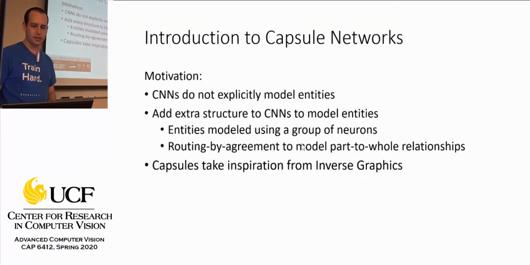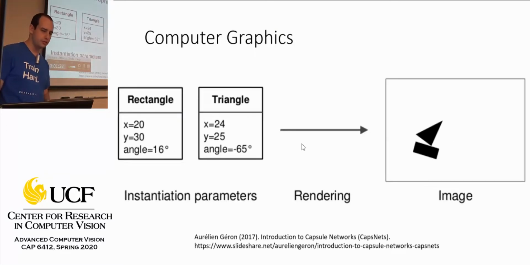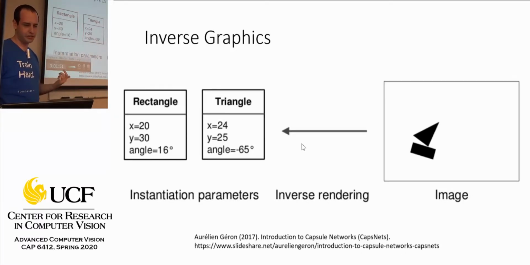So capsules take inspiration from inverse graphics. Let's take regular computer graphics for example. In regular computer graphics, we have a set of instantiation parameters. So for example, we have two objects: a rectangle with this position and this angle, and a triangle with that position and that angle. And then it calls a rendering function to render those into an image. Computer vision is ideally the opposite, inverse graphics, right?